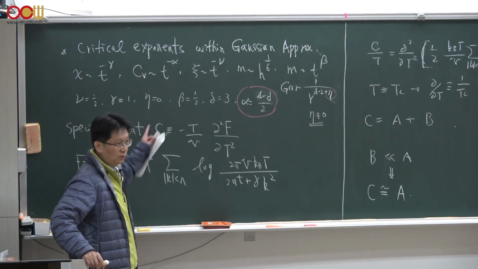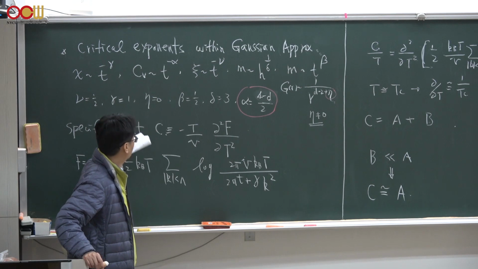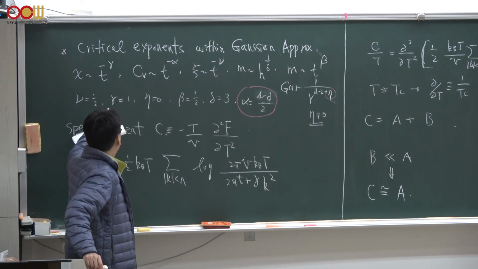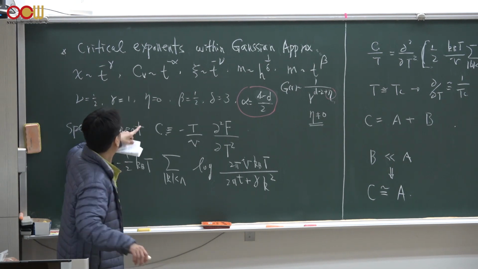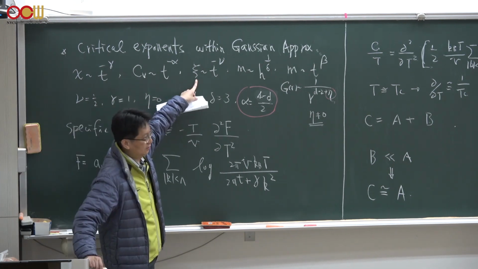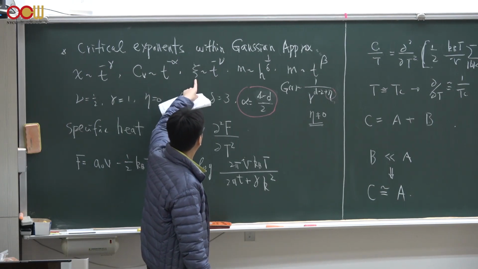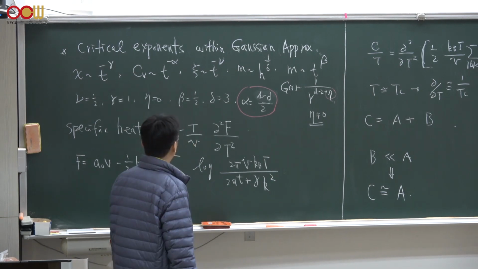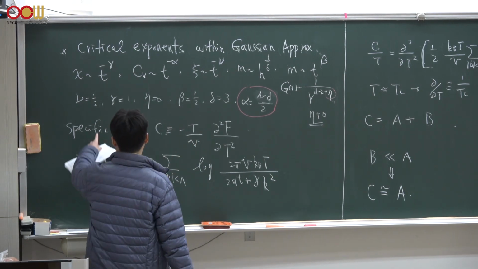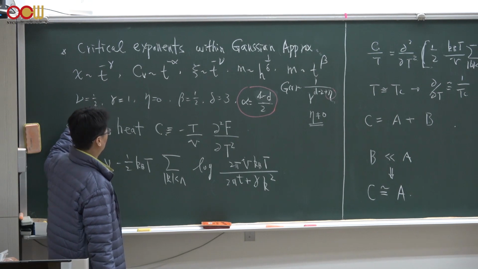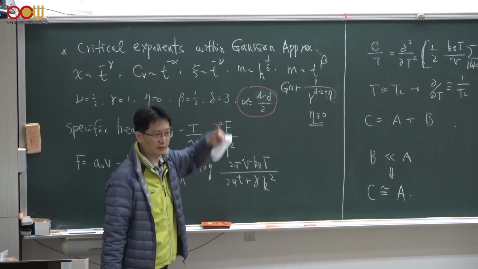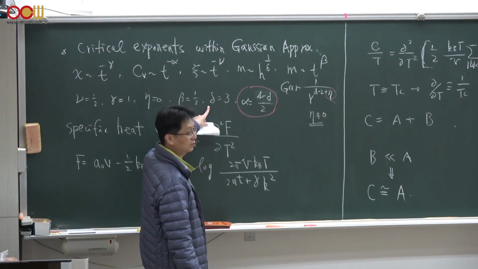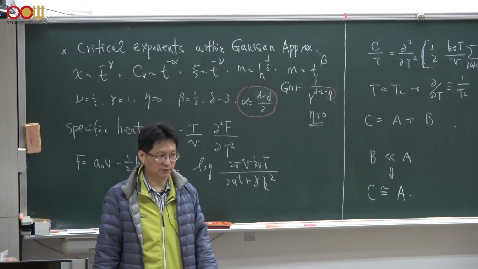Based on what we just derived before the break, this isothermal spin susceptibility, we could very easily find that gamma is actually 1, and based on this Gaussian approximated form of the Landau free energy functional, it's easy to see that the correlation length also diverges as t to the minus 1/2. So nu is actually 1/2, and beta is also 1/2, identical to Landau's mean field theory, and delta is 3. Nothing has changed from the mean field prediction.